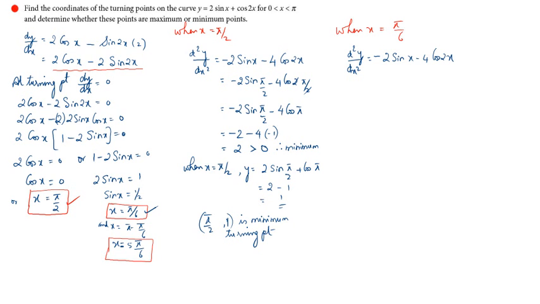So substituting the value, minus 2 sine pi by 6 minus 4 cos 2 into pi by 6.